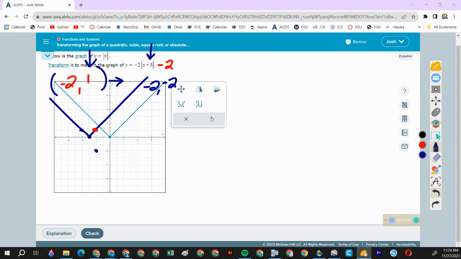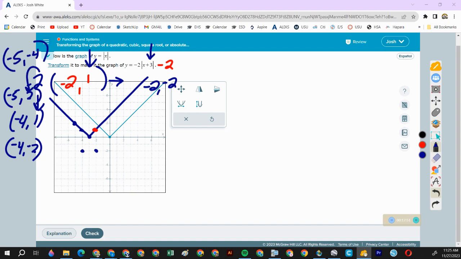This point is negative 4 comma 1. I times this by negative 2, and I get negative 4 comma negative 2. This point is negative 5, 2, times this by negative 2, and I get negative 5, negative 4.